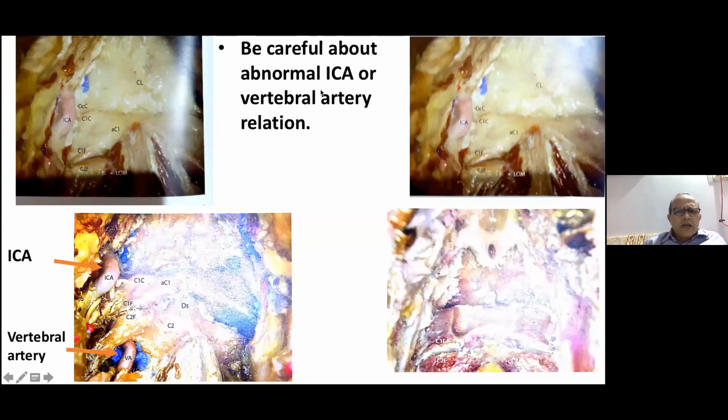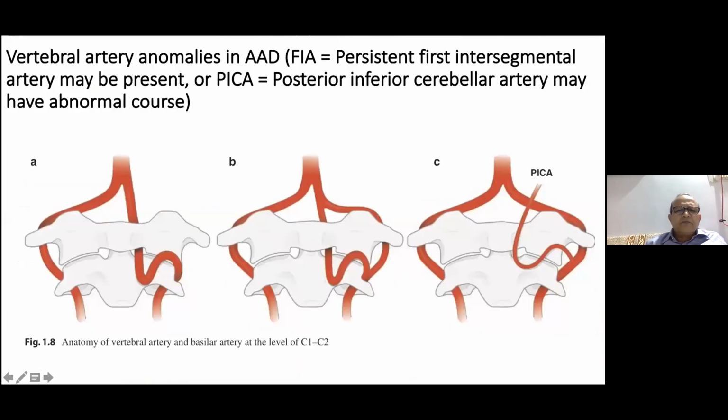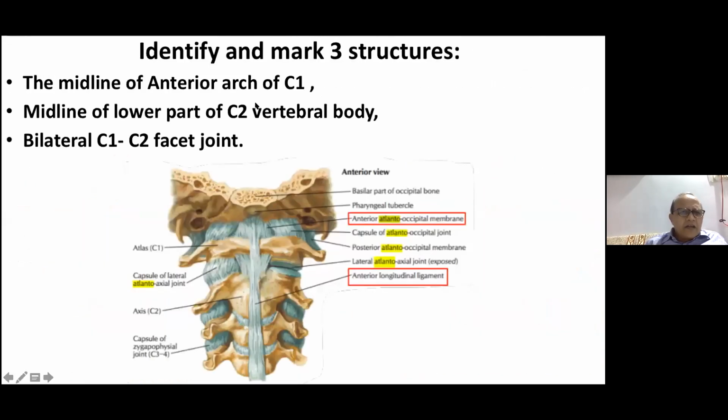So again, repeating, you should be careful about the ICA and the vertebral artery and the anomalies. So this is important.